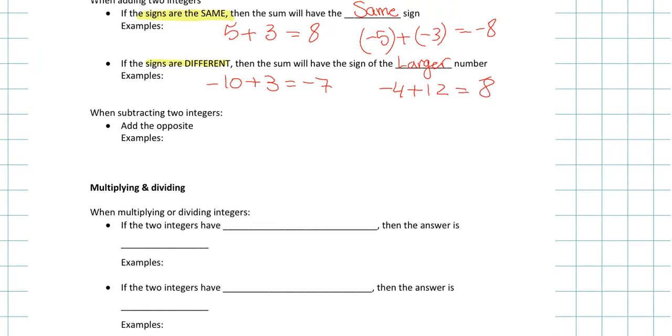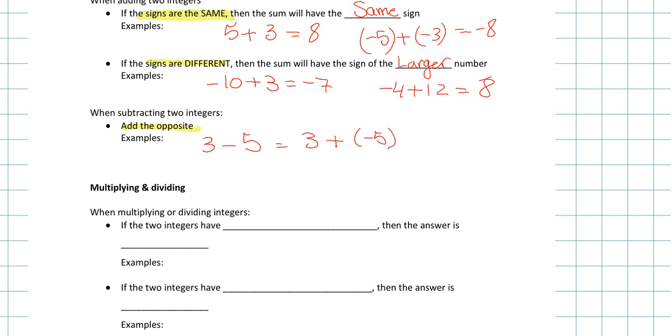If it says add the opposite, and I have 3 minus 5, it's the same thing as writing 3 plus negative 5. I am adding the opposite of 5, which is negative 5.